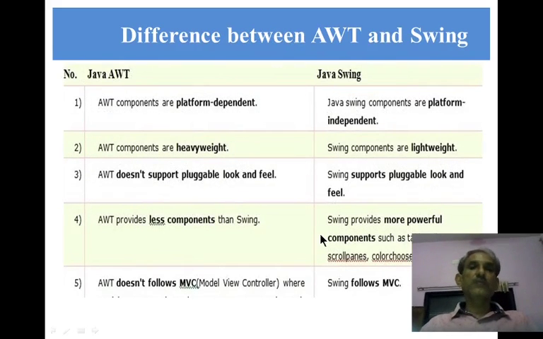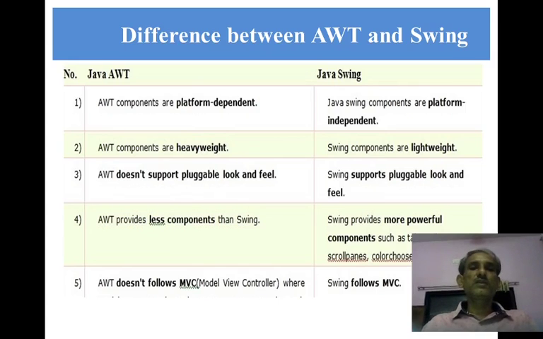Now moving on to the next point, that is the difference between AWT and Swing. There are some basic differences: AWT components are platform dependent, whereas Swing components are platform independent.